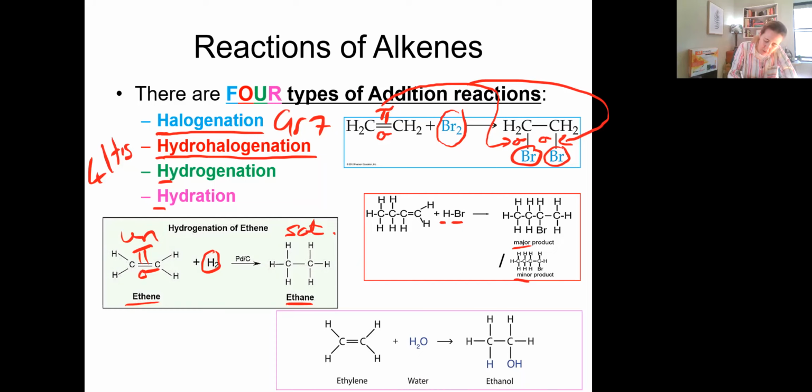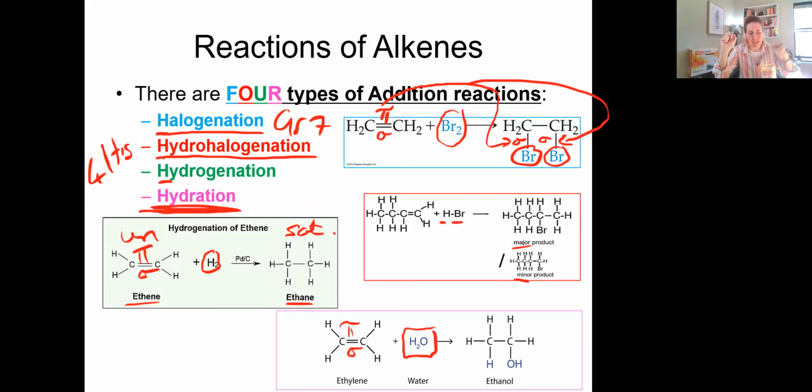Hydration, you can think of when you hydrate your body, you hydrate yourself, you're drinking water, you're adding water into your system. And so the same when there's hydration, that type of addition reaction is involved between water being added and the alkene. So yet again, the pi bond will open up and you'll have water adding.